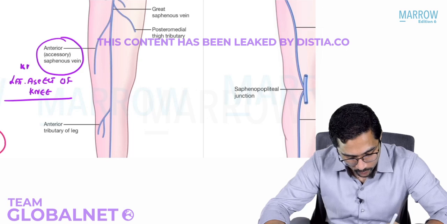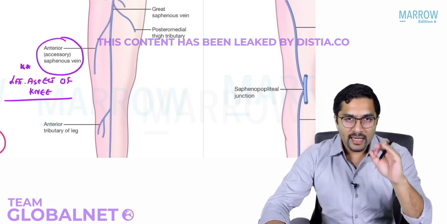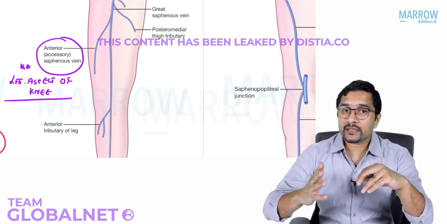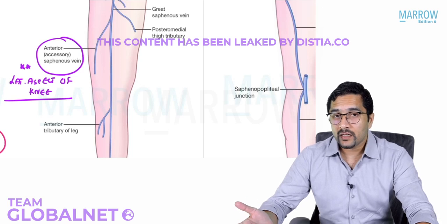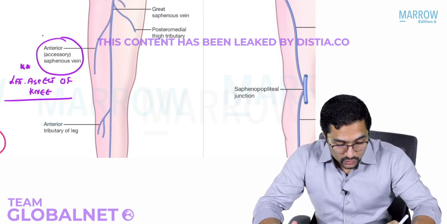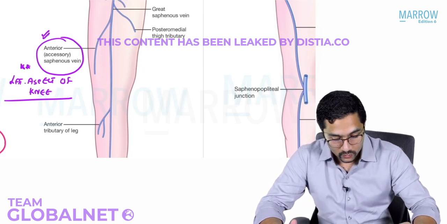What is the importance of this anterior saphenous vein? Sometimes, rarely, you will find patients with isolated varicosities on the lateral aspect of the knee. So if there are isolated varicosities in the lateral aspect of the knee, you should think about the anterior saphenous vein being involved in those patients.